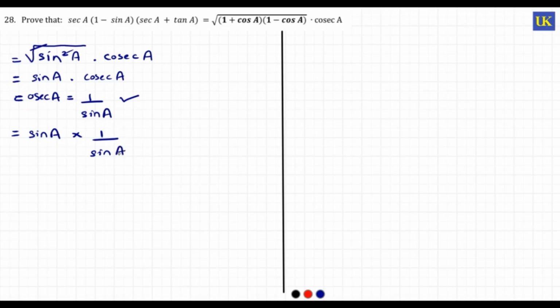So sin A into 1 upon sin A, and sin A and sin A will get cancelled, and what we will get is 1. So we are getting 1 in the left hand side and also in the right hand side. Therefore we can say that we have matched the left hand side with the right hand side. So this completes our question.